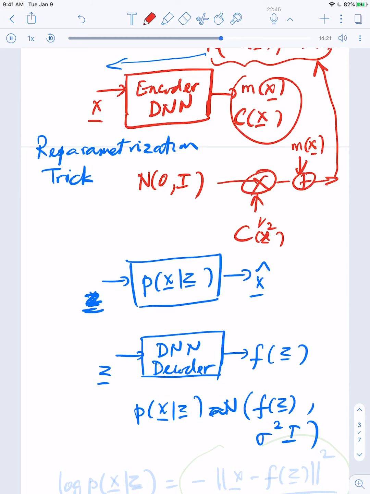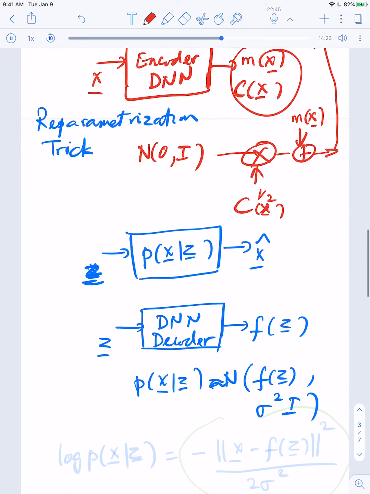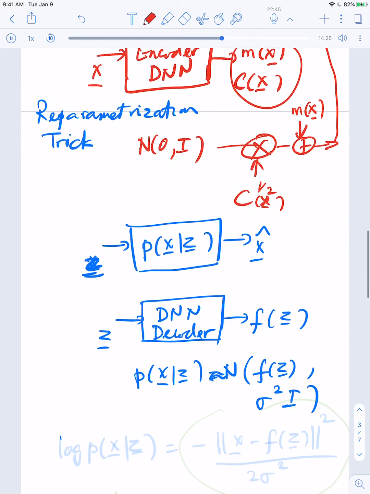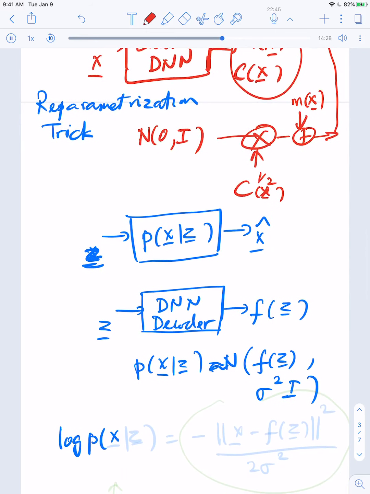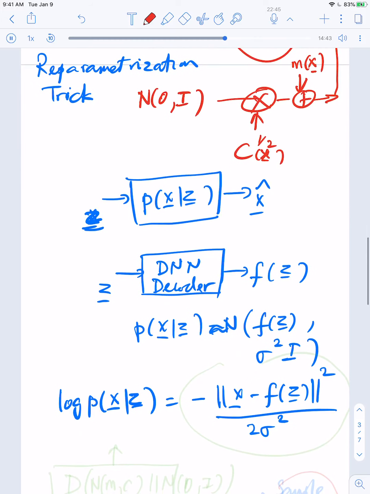But this is a hyperparameter. So when you do that, your log of P of X given Z, which came up in our variational lower bound, just becomes minus the norm of X minus its mean, divided by 2 sigma squared, plus some additive constants that we can throw away. So with all these choices, we have a relatively simple architecture that comes out.